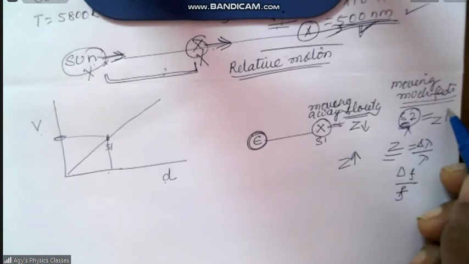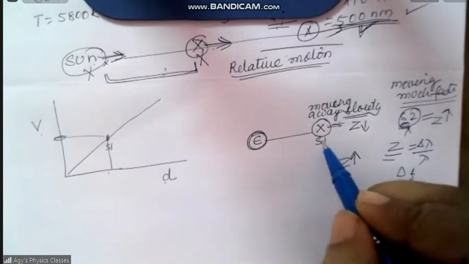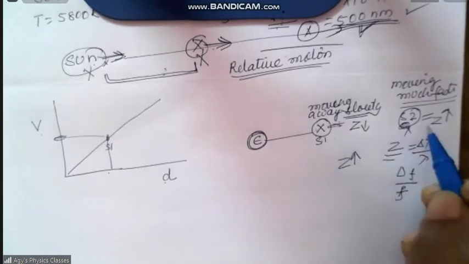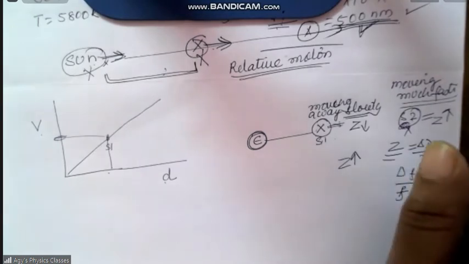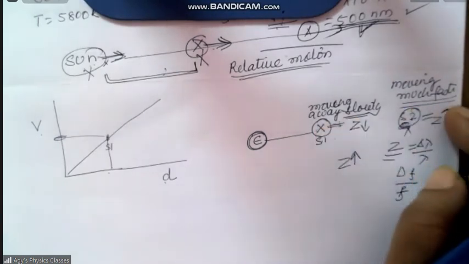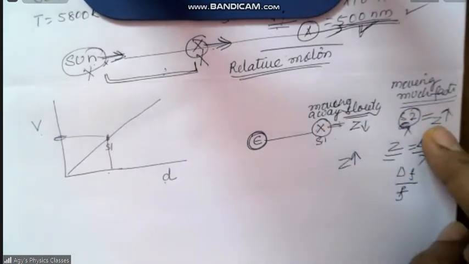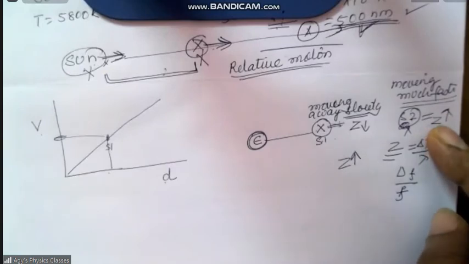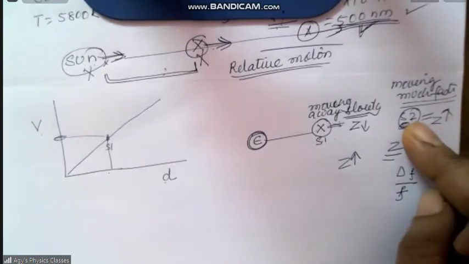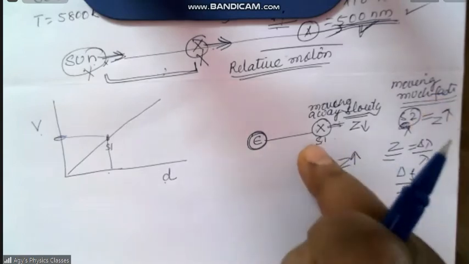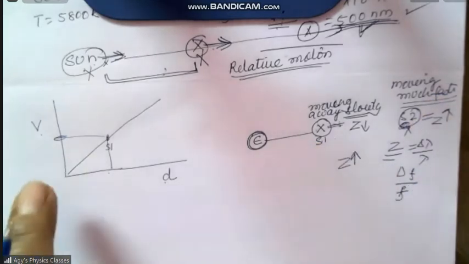So this will have a bigger Z value, and this will have a smaller Z value, but both of them will have a positive Z value, showing that they are moving away. Since its Z value is larger, it is moving away from us much faster than this one. That is shown over here.